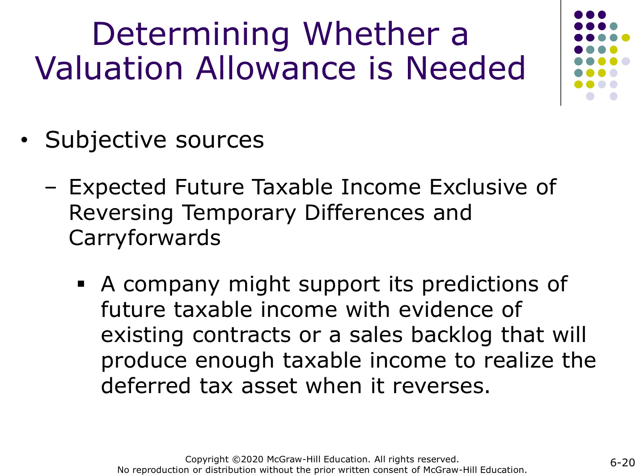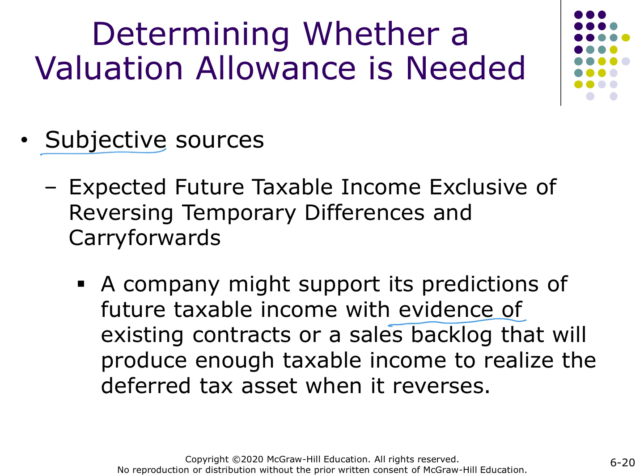Now, there are also subjective sources, and they also give you kind of a way out of having to have a valuation allowance. Now, the fact that these are subjective tells us that these are somewhat based on your perspective.